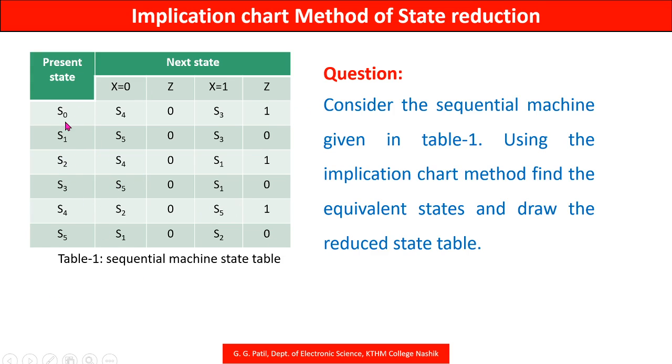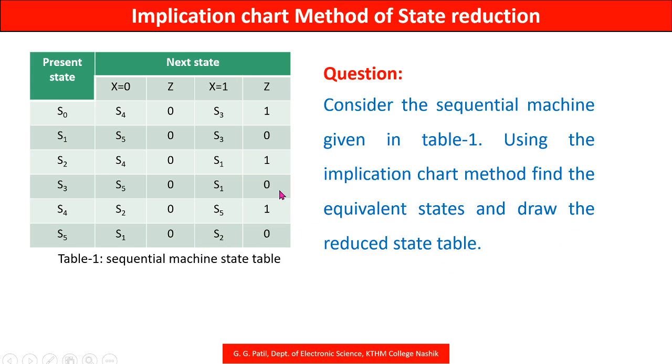Five states are there. The state table contains S0 to S5 states. Consider the sequential machine given in table 1. Using the implication chart method, find the equivalent states and draw the reduced state table.